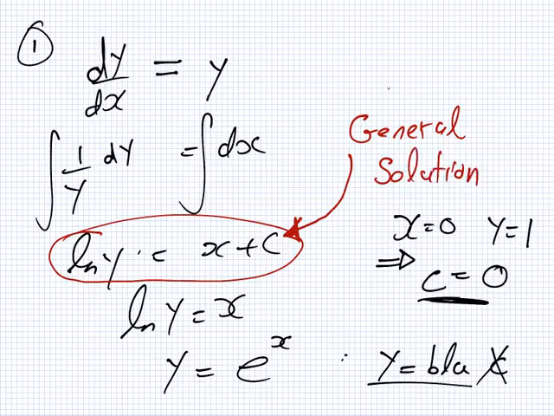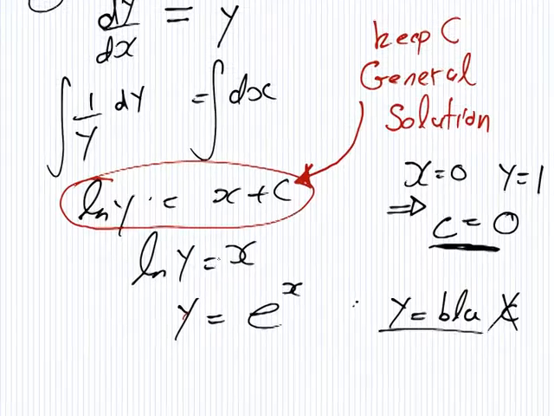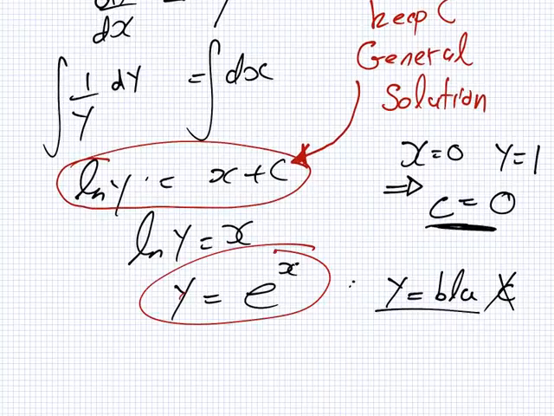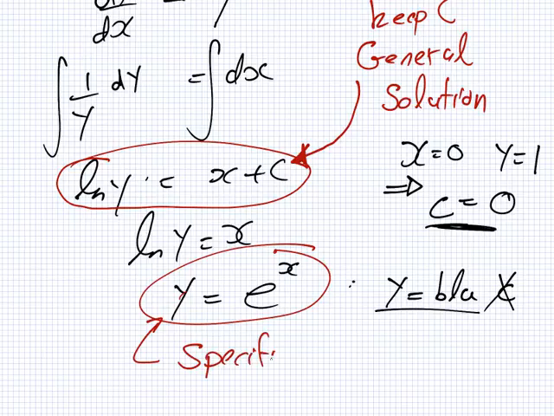General solution means you don't need to find the C. You can keep C. And this one here with no C, or the C with the value 0, does anyone know what that's called? What's the opposite of general? Exact, yeah, exact will do. Exact or specific.